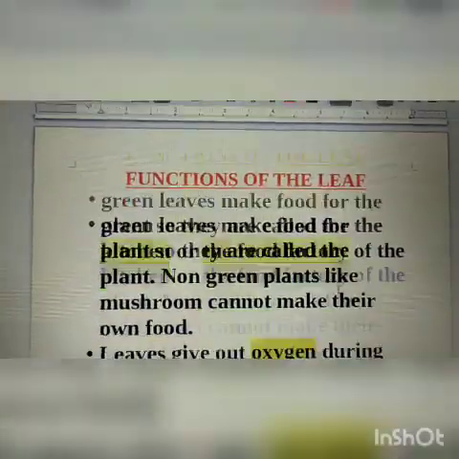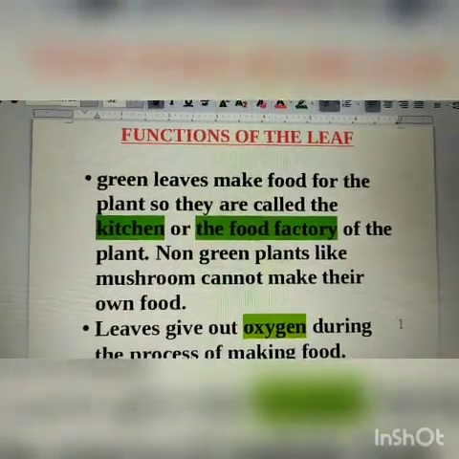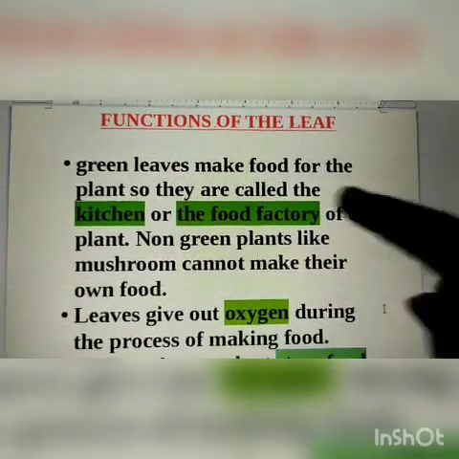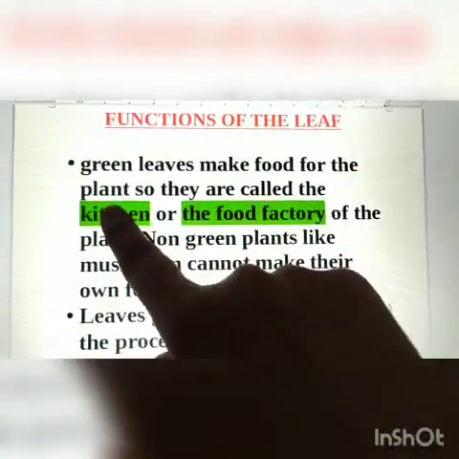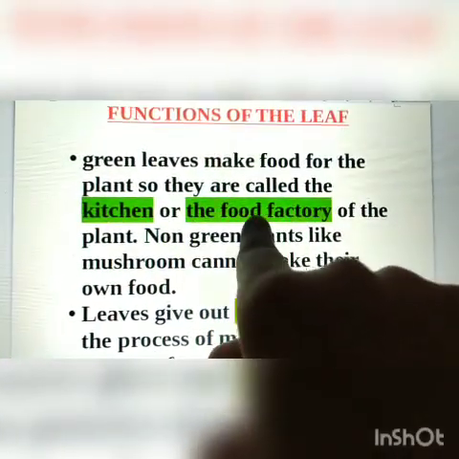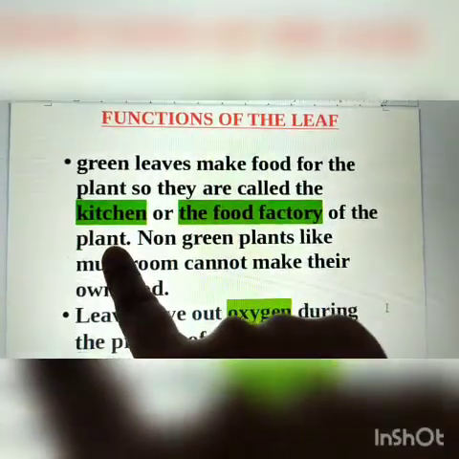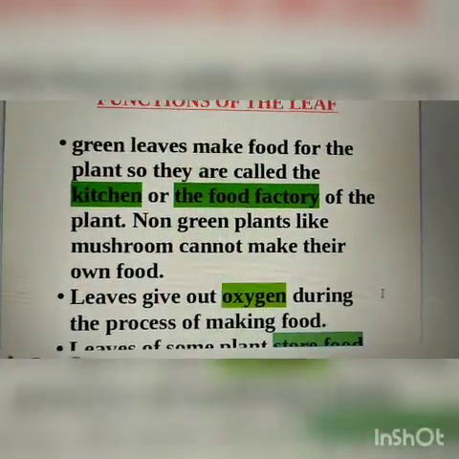The functions of the leaf. The first function is that green leaves make food for the plant, so they are called the kitchen or the food factory of the plant. Now, I want to ask you a question.